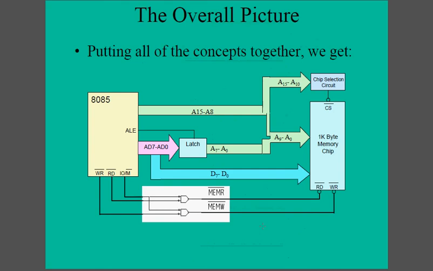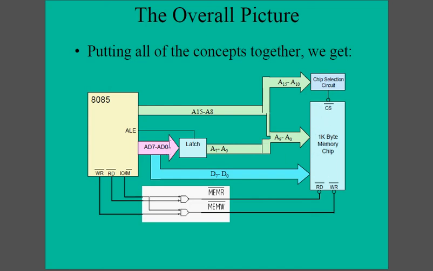All right, this is how it looks in terms of the connections. This is your 8085, and this is your higher address bus being connected to the chip selection circuit, where you can have different memory devices, so you can choose which memory chip the address is referring to. This is the lower 8 bits of the address, stored in the latch when the ALE signal is set, pointing to which location of the memory you are referring to.